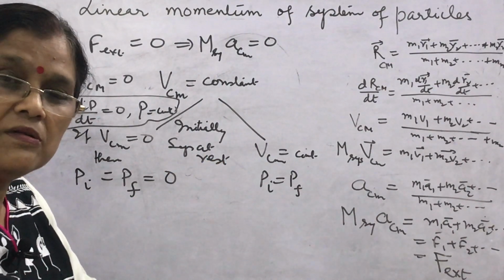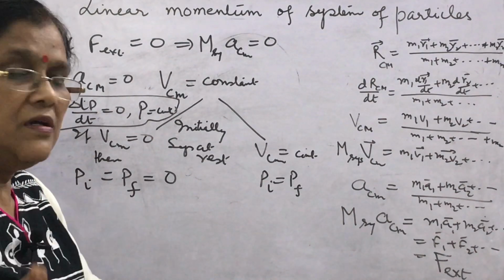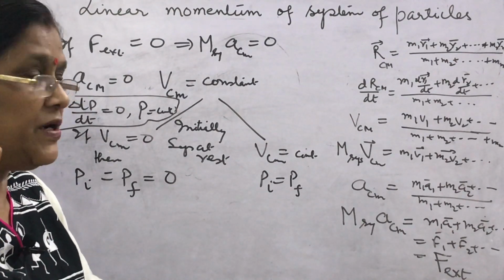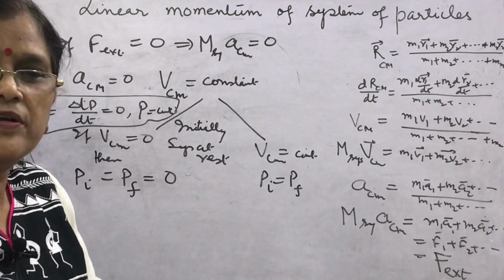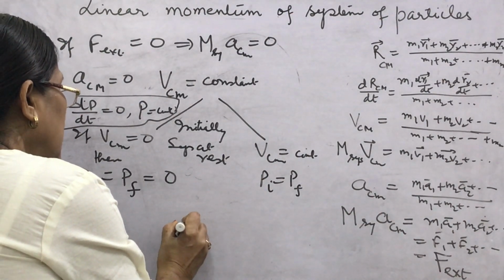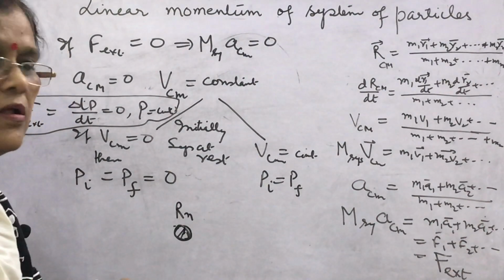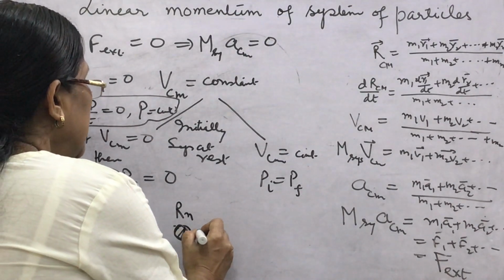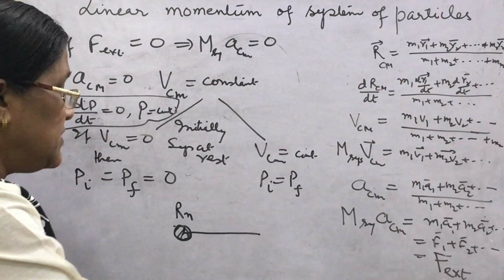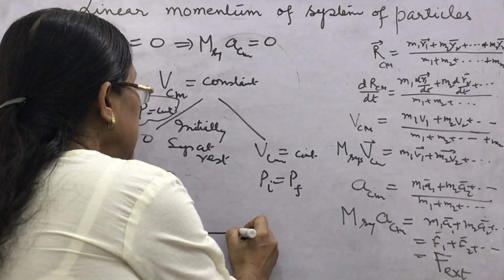Look how this conservation of momentum is applied to examples. So many examples are given for the conservation of momentum. For example, radioactive decay. If there is a nucleus of radium, after a certain time it decays into two fragments.